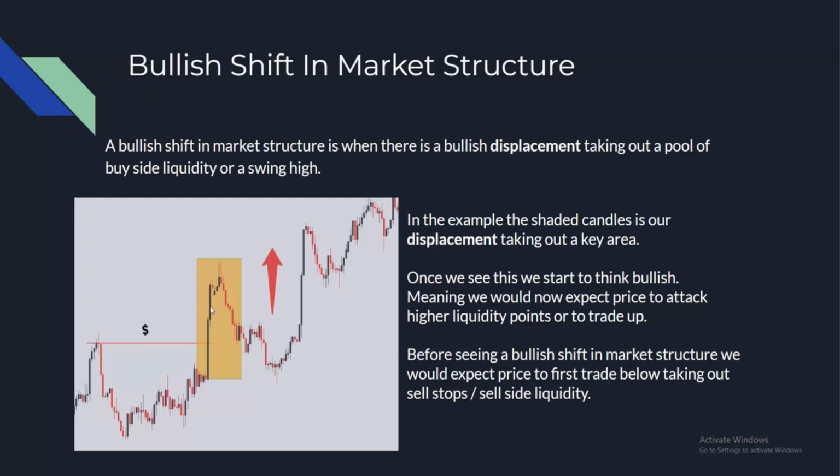So when we see this strong move, that's when we begin to think that the market is bullish. That's when we begin to look for retracements before we go long. So obviously before the bullish displacement, we expect price to take out a recent pool of liquidity before offering price higher.